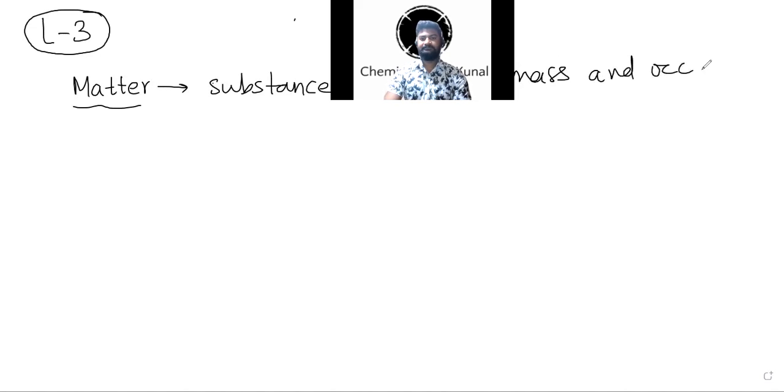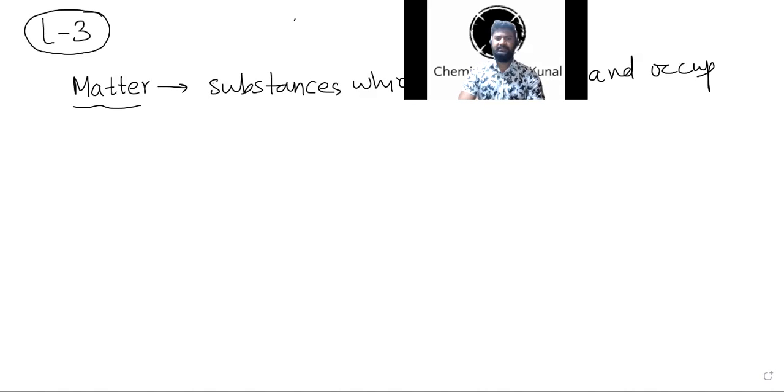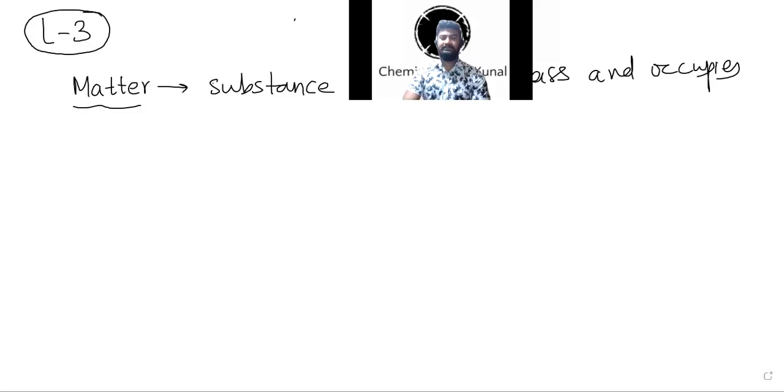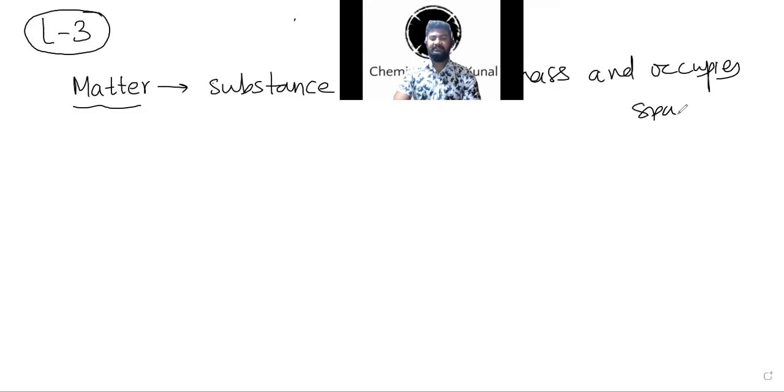Any substance which has mass and occupies volume is called matter. That means anything which has some mass and occupies some space, like gas, solid, liquid, whatever it is, but it should have some mass and should occupy some space.